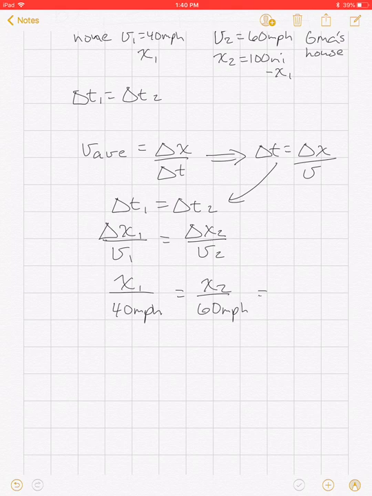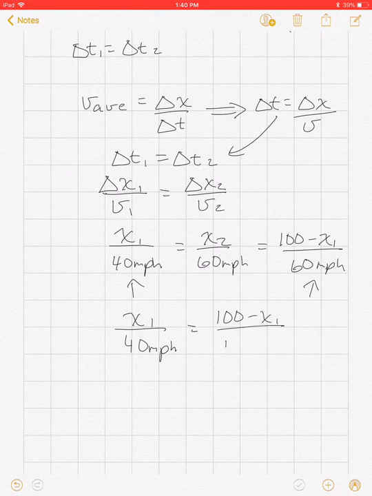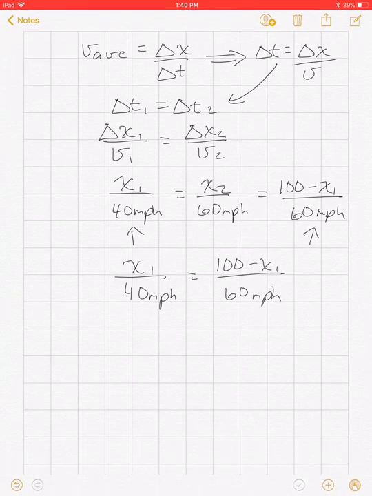So we said that x2 has to be equal to 100 minus x1, over 60 miles per hour. All right, so we're going to use these two terms. x1 over 40 miles per hour has to be equal to 100 minus x1 over 60 miles per hour. And now we're just going to cross multiply.